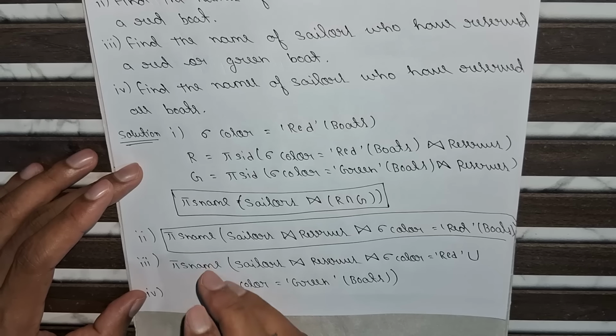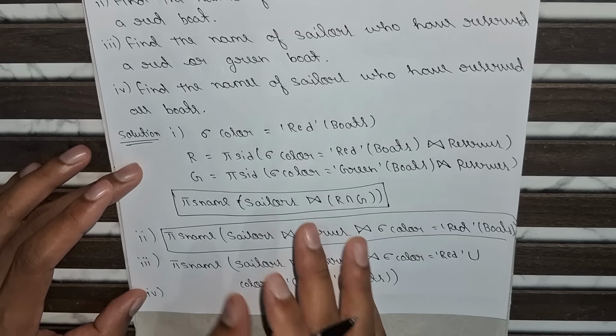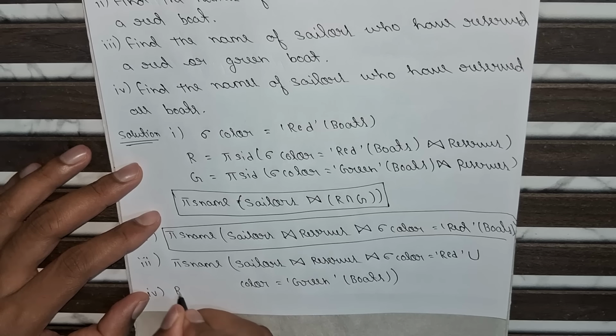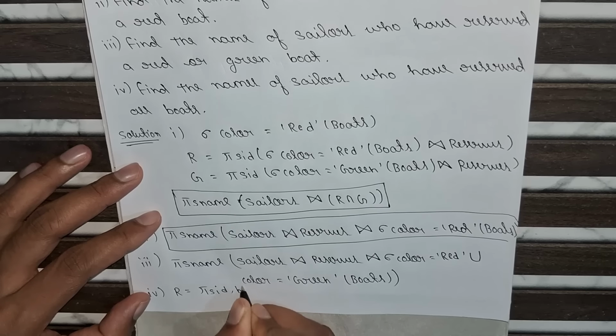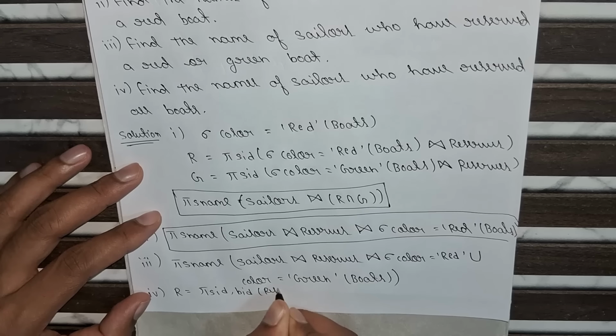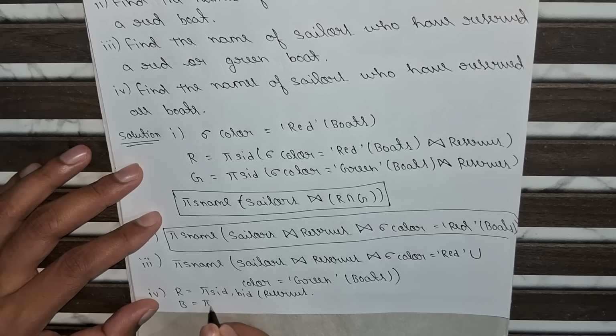In this question, first find all SID and BID pairs. So here what we will do, R is equal to pi of SID and BID, which is under reserves. Then find all board IDs, meaning B is equal to pi of BID, we will write here, and boards.